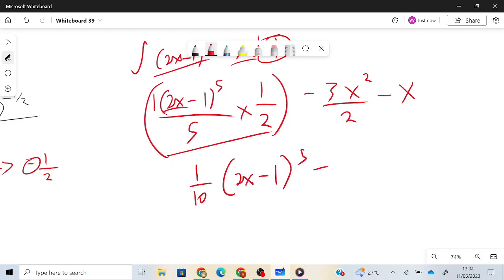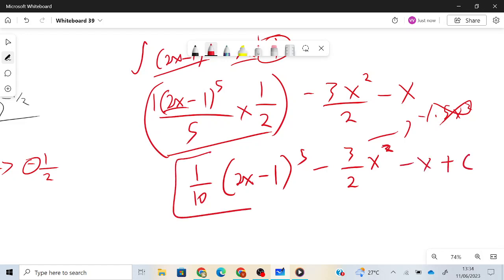Then this is minus 3 over 2 x squared. You can simply write it in the fraction form, or if you want, you can also write it as minus 1.5 x squared, although I would highly recommend you write it as a fraction. And then minus x, and obviously the plus c, because all of this is an indefinite integral.